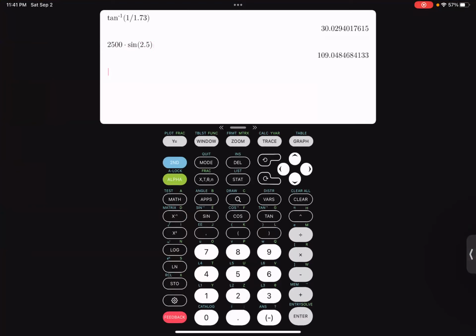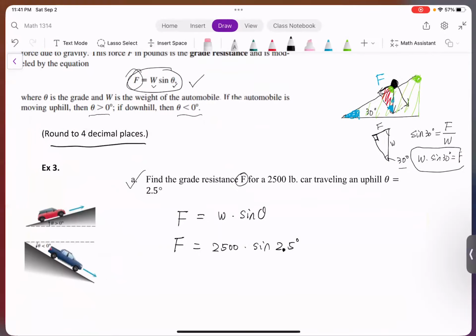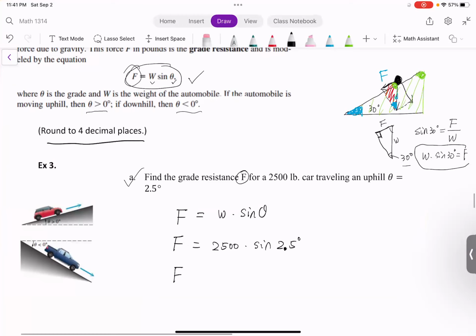So hit enter. The force is about 109.0484684. Keep 4 decimal places. The fifth digit is 6, so I have 109.0485. The unit is pounds.